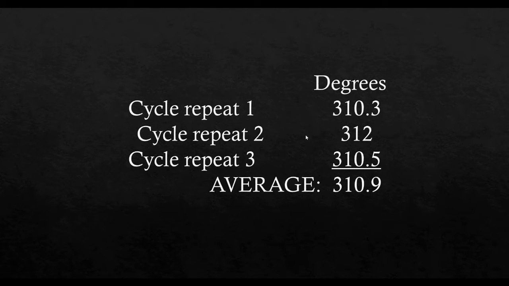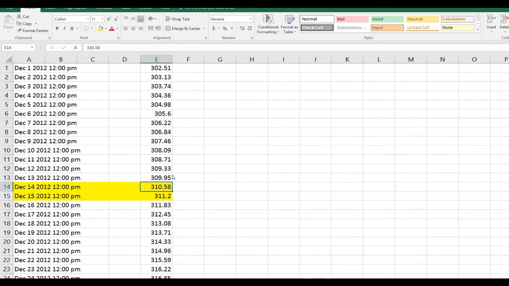Cycle 2 repeat, the turn occurred at 312 degrees. Cycle 3 repeat occurred at 310.5 degrees. You add those up, you divide by 3, and you get an average of 310.9.